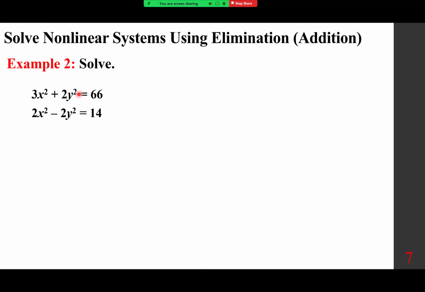Example 2, solve this system: 3x squared plus 2y squared equals 66, 2x squared minus 2y squared equals 14. We are solving a nonlinear system using elimination or addition. In fact, even if they don't mention it, we should recognize that because these two are opposites, all you have to do is add up each side. So we add these two, and the y terms cancel each other.